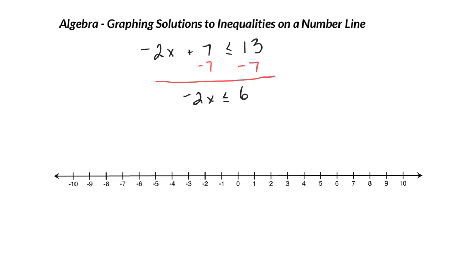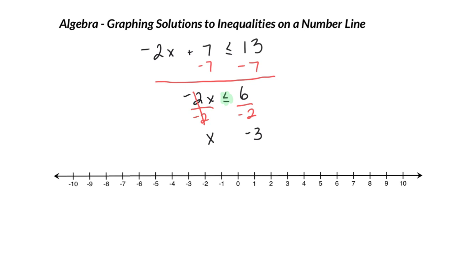And now I will divide both sides by negative 2. Again, dividing by the negative flips us on the number line. So this divides out. We still have x. We still have negative 3. But our inequality will flip signs.